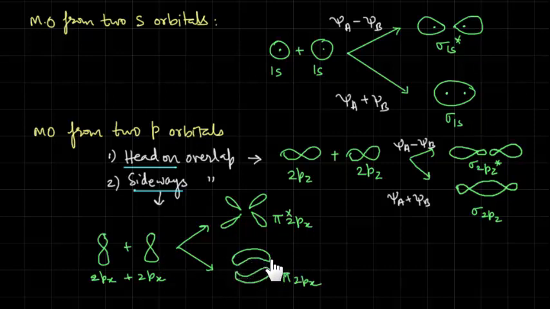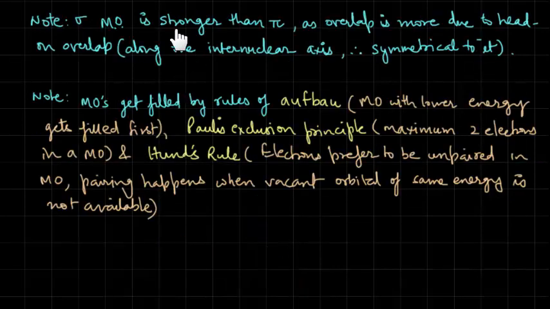So the bonding orbital will look like this, and the anti-bonding orbital looks something like this. So sigma molecular orbital is stronger than pi. This is just a revision of what we have studied: the overlap is more due to head-on overlap along the internuclear axis, therefore it is symmetrical to it.